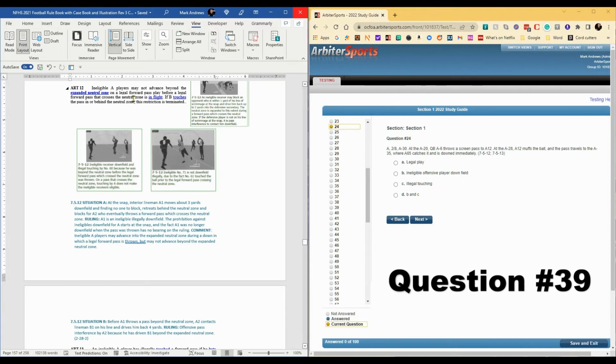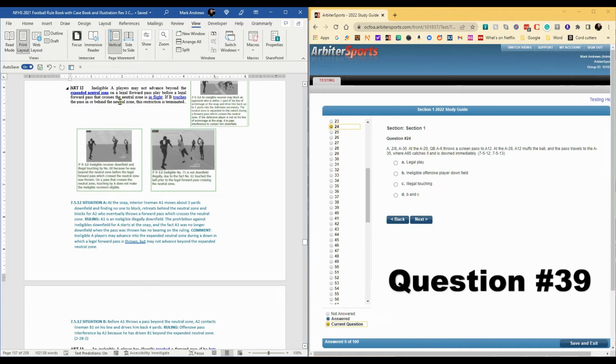Okay, so we have a ball that travels beyond the neutral zone, and A65 is clearly ineligible downfield. He is 5 yards downfield.